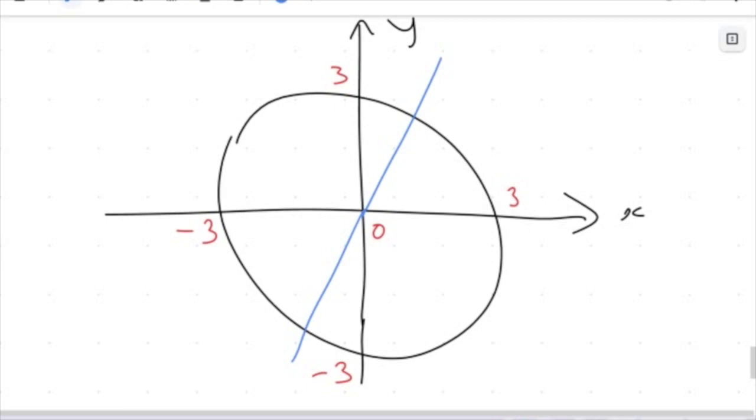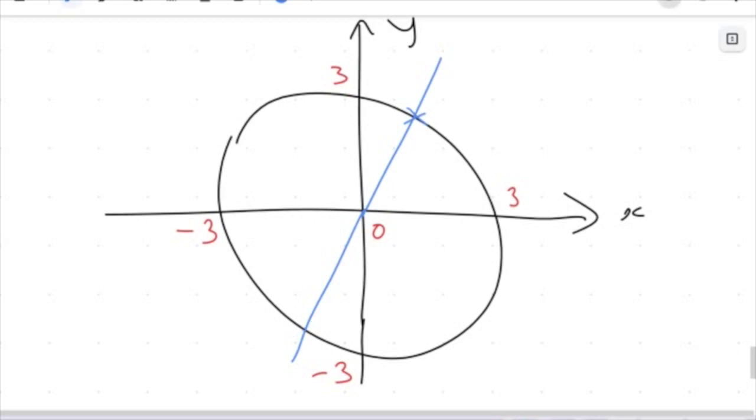So we can already tell just by considering what my two graphs look like, I'm already identifying, okay, I'm probably going to have two solutions here. So if I don't get two solutions, it tells me, wait a minute, something may have gone wrong here.